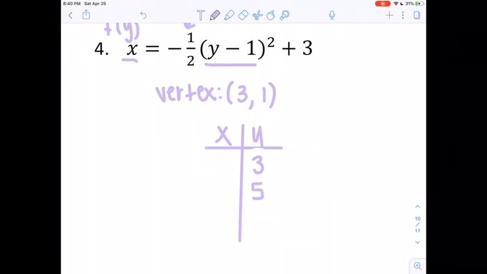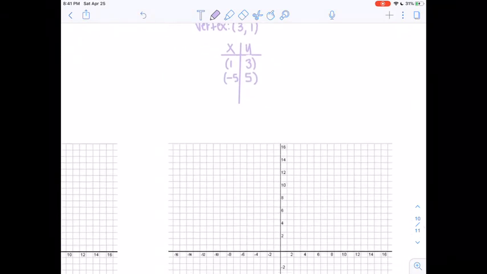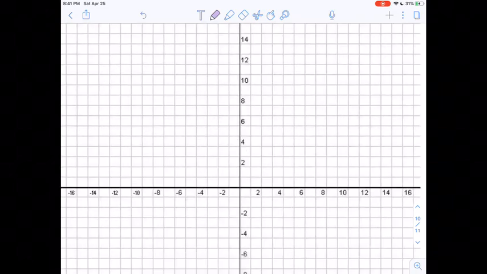So if I plug in 3 for y, 3 minus 1, that's 2. 2 squared, that's 4. 4 times negative 1/2, that's negative 2, so then I get 1. And then 5, so 5 minus 1, that's 4. 4 squared is 16. 16 times negative 1/2 is negative 8, and I get negative 5. Okay, so I'm going to plot these 3 points, so 3, 1, 1, 3, and negative 5, 5.